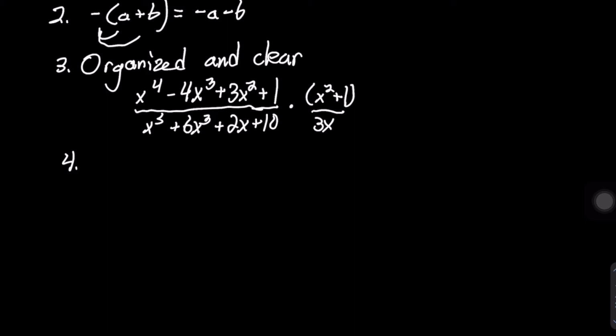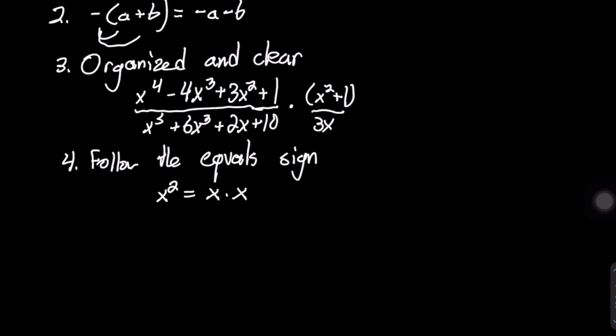Another general tip is to follow the equal sign. So if you're trying to prove that one thing is equal to another thing, say x squared is equal to x times x, for example, you're going to want to keep your equal signs consistent through every step of the proof.